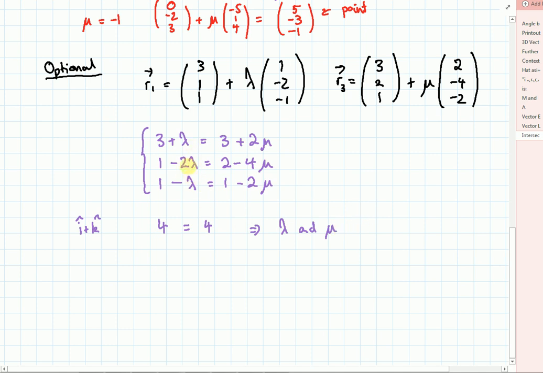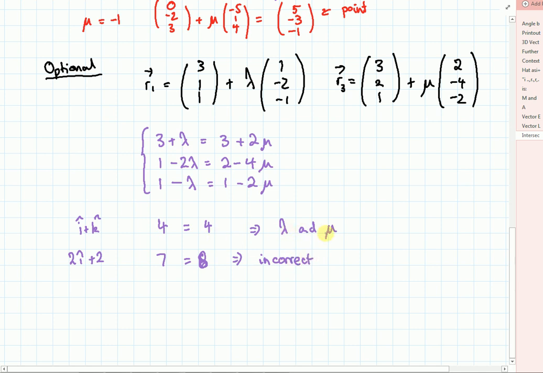Let's see what happens if we try adding 2 lots of i to j. So 2 lots of i plus the j is 6, 7, plus 2 lambda minus 2 lambda is nothing, and 2 mu minus 4 mu gives me no mu's. They cancelled as well. And we've now got a point where this is incorrect.